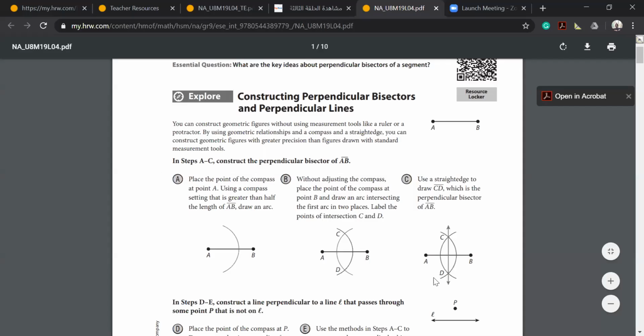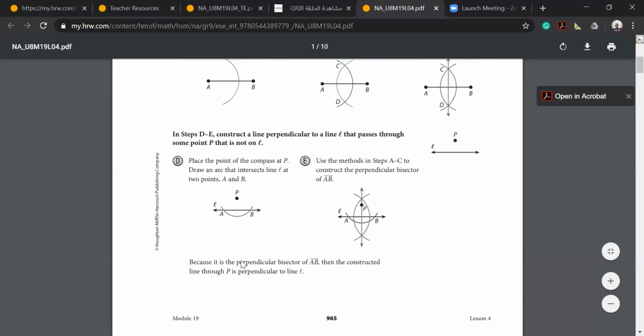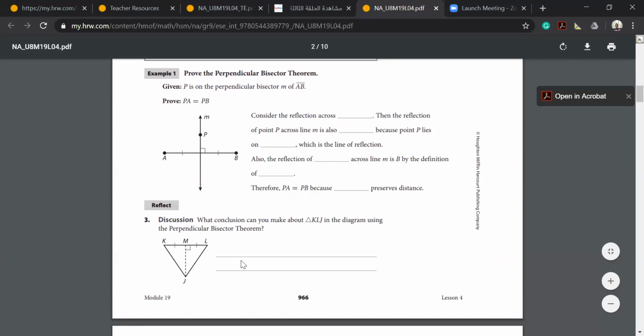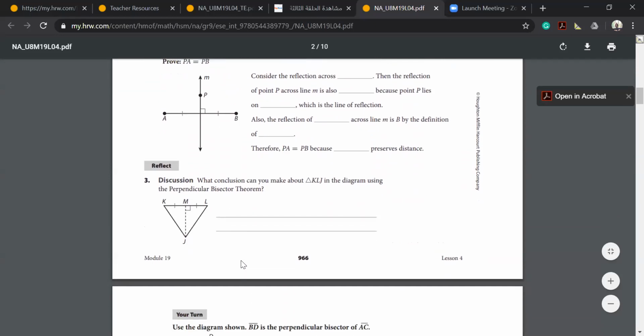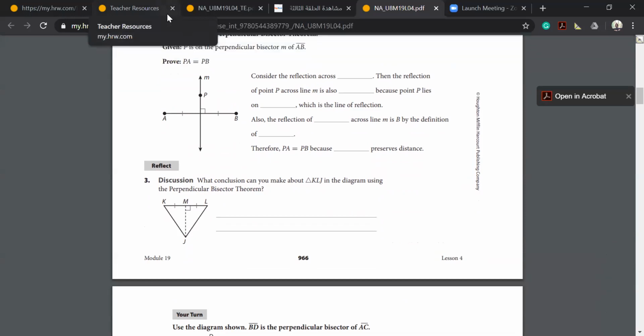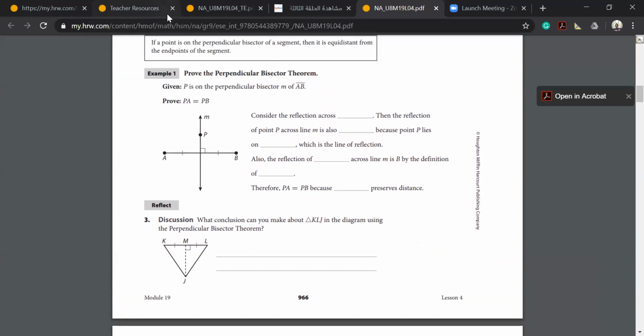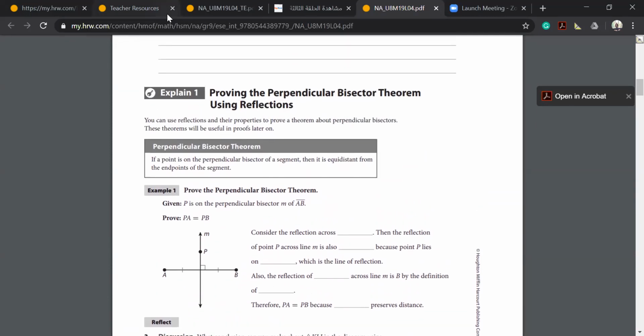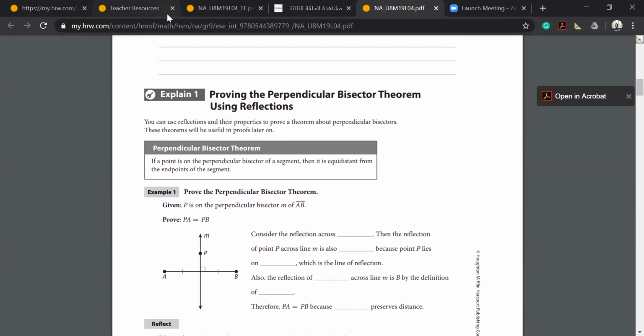So let's go back. We finished this page and we were in explain 1 in page 966. Please try to focus with me very much. It's a very easy lesson, but it's very easy for you to get lost, so please try to concentrate. This lesson is going to be divided into 3 parts, 3 explanations.